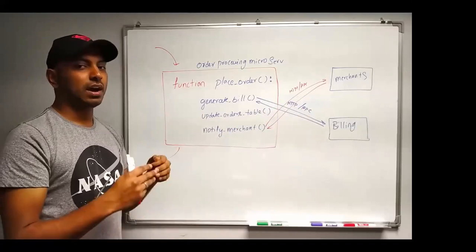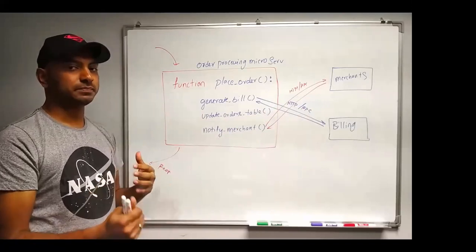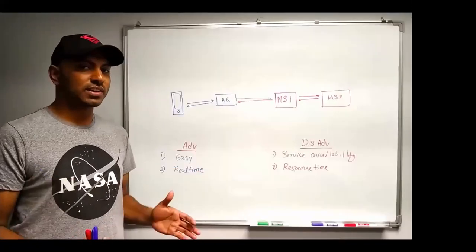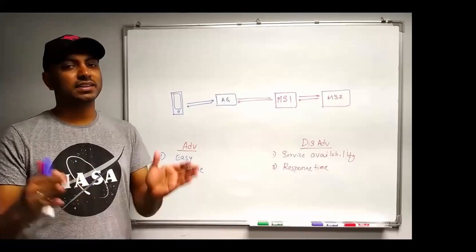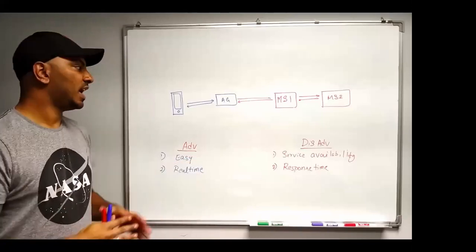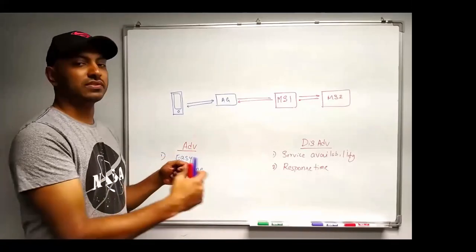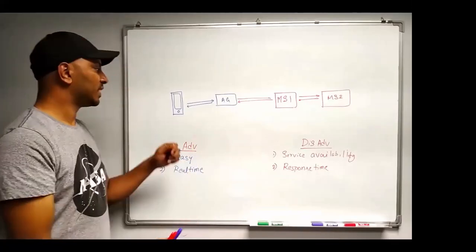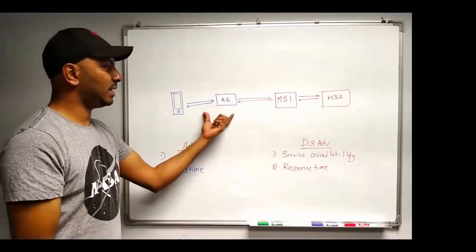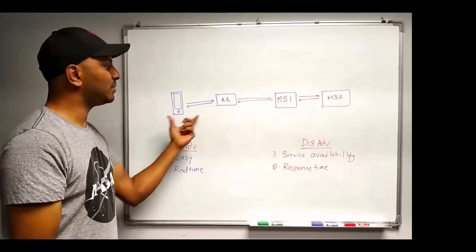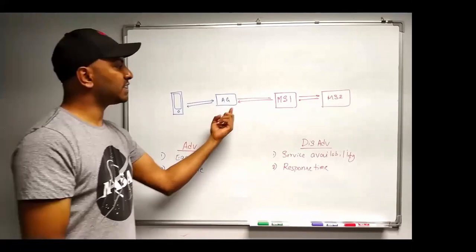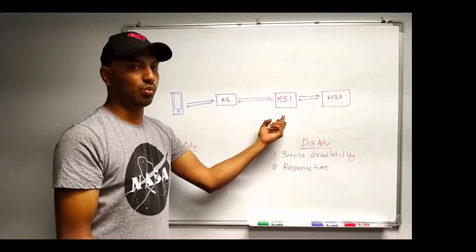So let's understand what synchronous inter-microservice communication is. As I have already explained, synchronous microservice communication is basically calling different microservices synchronously. So this is the client, this is the API gateway. When a client makes a call to the API gateway, it is going to call microservice 1. And this microservice needs some data from microservice 2.